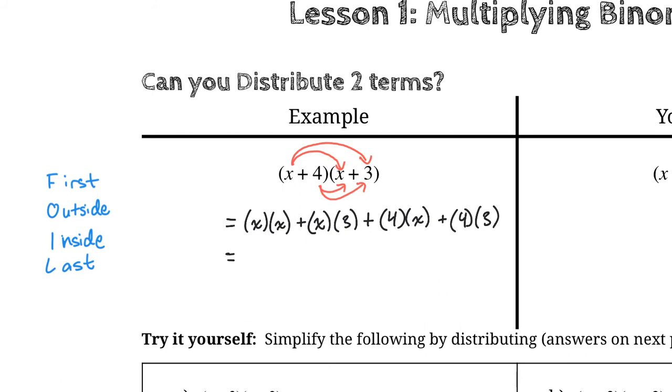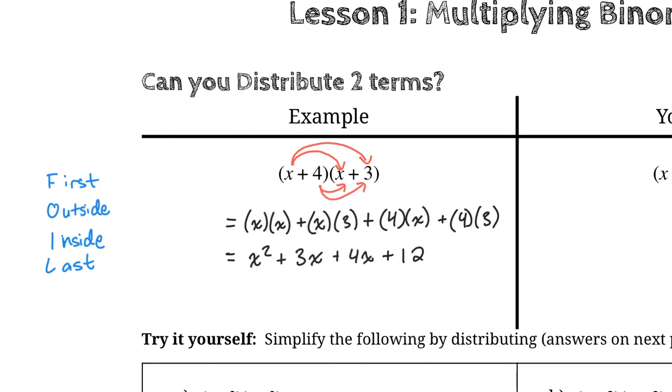X times x is just x squared. X times 3 is just 3x, and I'm putting this plus sign here because this term multiplied together is just positive. Now 4 times x is a positive 4x, so I'll just put plus 4x. And then 4 times 3 is a positive 12, so we're going to put plus 12.